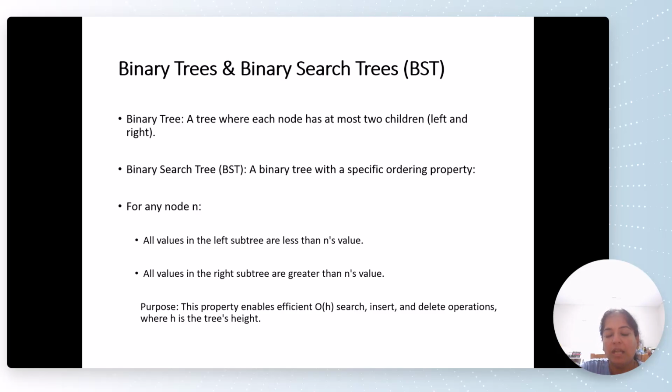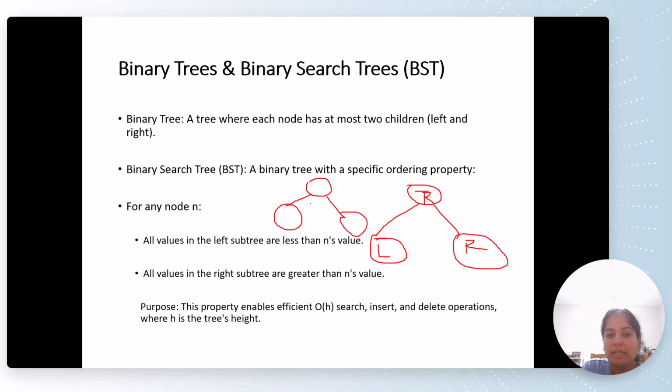Binary search tree has a specific ordering property. If this is the root, this is the left node and this is the right node, the value of the left node will be less than the root node, and the value of the root node will be less than the right node.